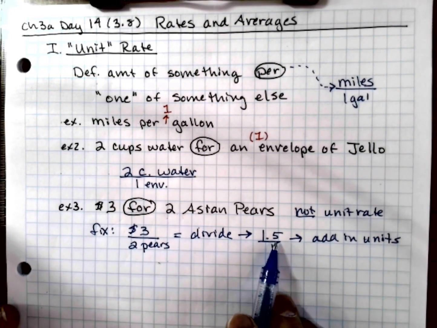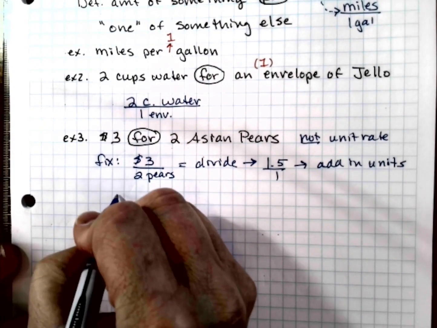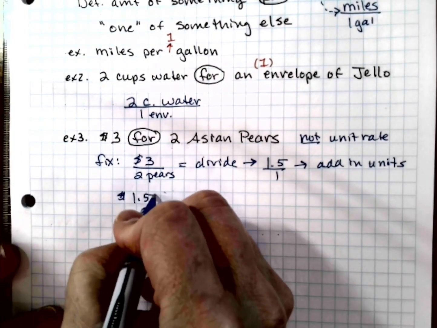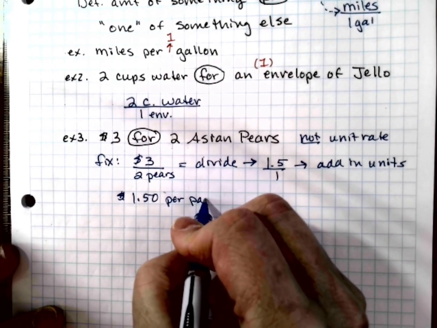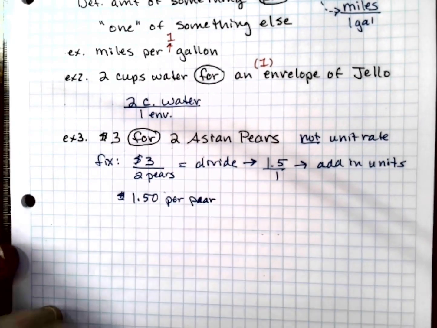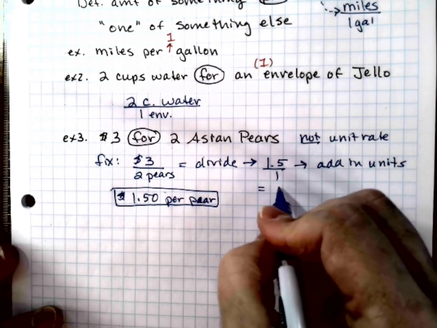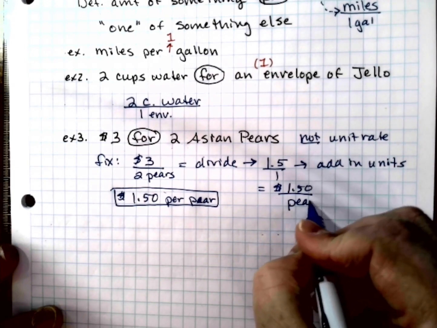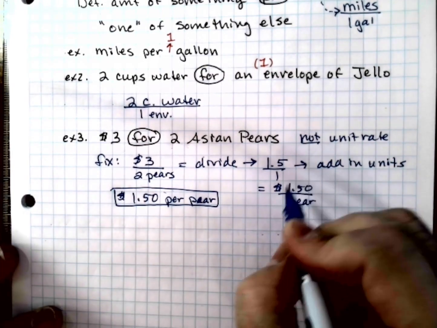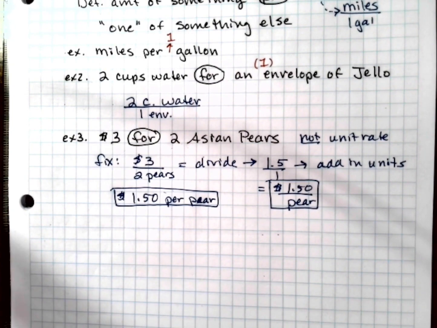Since the top was in dollars, 1.5 would be $1.50 per pear, P-E-A-R. In fraction form, that would be $1.50 over pear, or per pear. So that's how you fix a rate and turn it into a unit rate. Divide the bottom into the top.